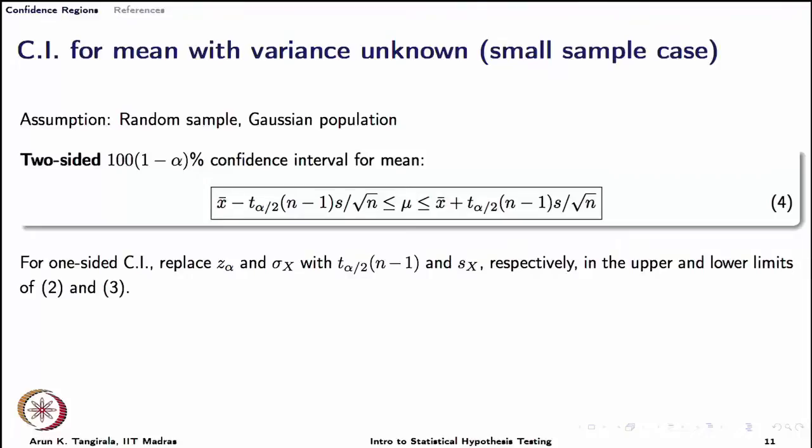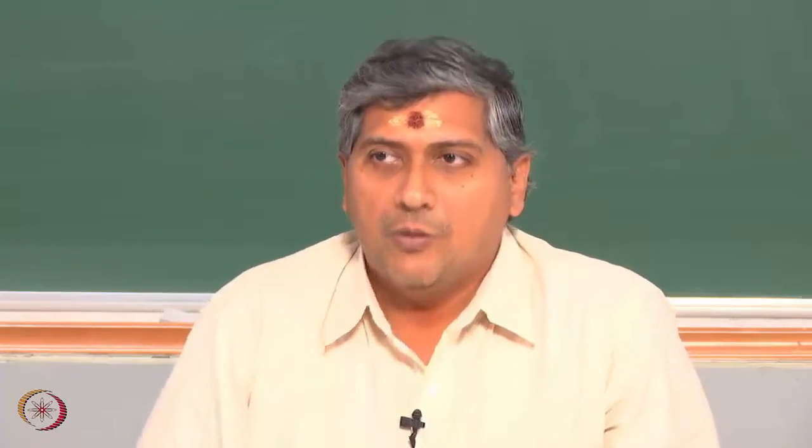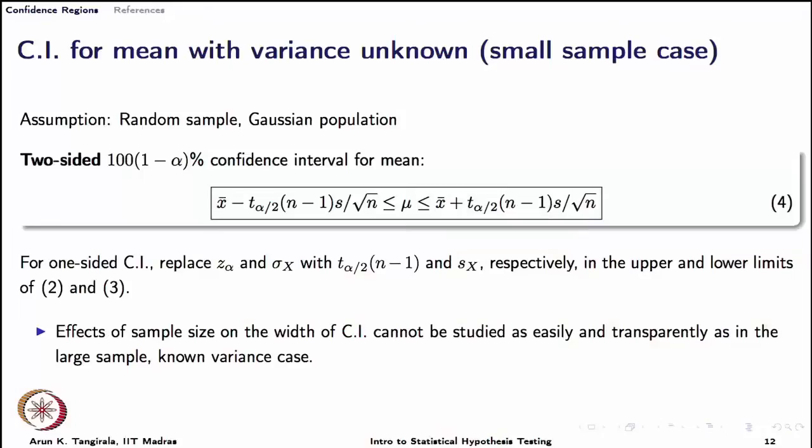They are implicit functions of n, they are not independent of n. Earlier z alpha by 2 was independent of n, there alpha was 0.05, so z alpha by 2 was 1.96 and sigma was known. So the only unknown was n, which appeared explicitly, it was easy to derive. However, here it is quite difficult to arrive at an expression for the sample size in terms of the pre-specified band. We will not pursue that, but just to let you know, in such situations you have to adopt the trial and error approach.